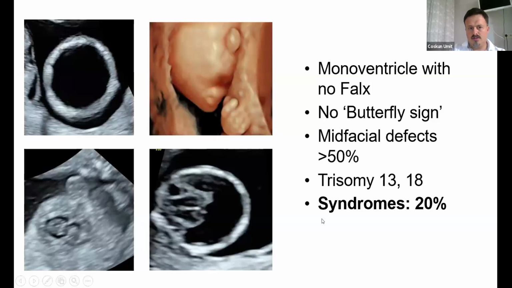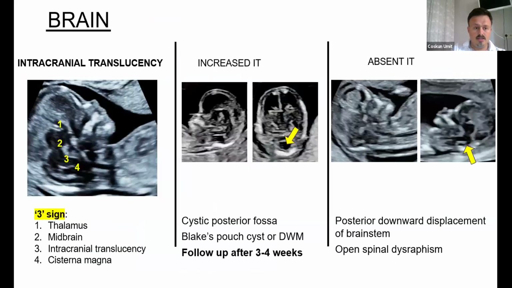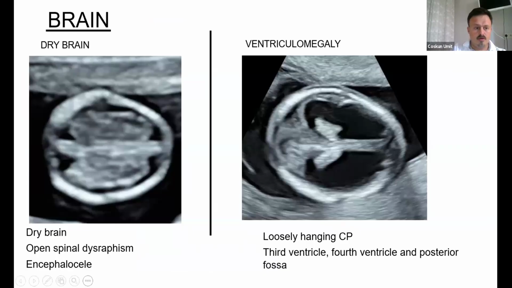So it is easy to catch alobar holoprosencephaly, but sometimes there are mild variants like lobar or semilobar holoprosencephaly. So we should be more careful to catch them. Here is a dry brain, open spina bifida, and encephalocele. Because of the cerebrospinal fluid leakage, the choroid plexuses totally fill the ventricles.